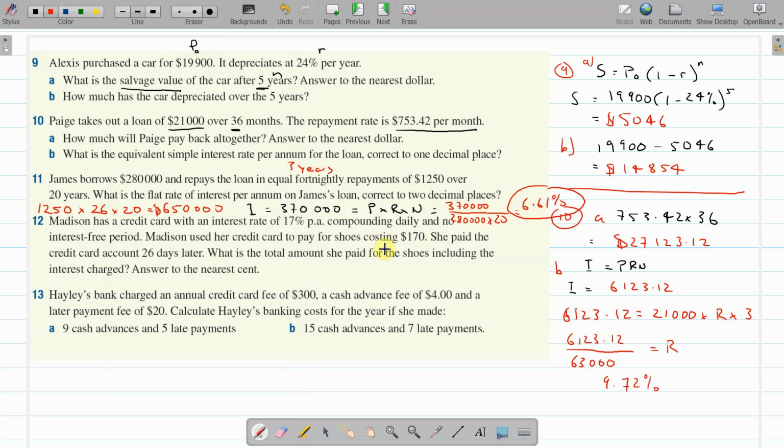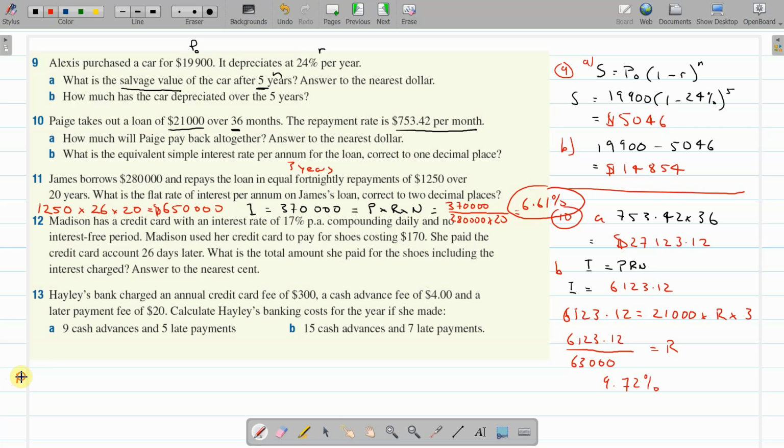There's our answer to question 11. By finding how much you paid altogether, then subtracting the original loan to get what the interest was. Then interest is the same as the principal times the rate times the number of times. And since we were finding the rate, we had to do the same as what we did here. So we turned it into a fraction like we did, and then we got 6.61%.